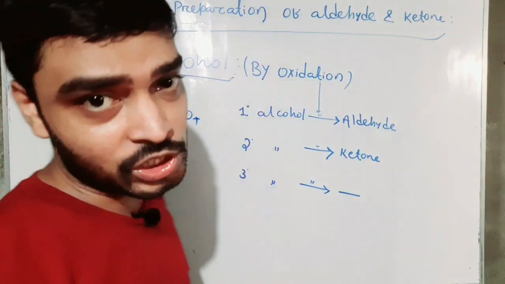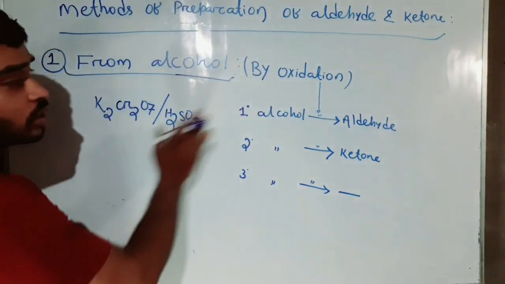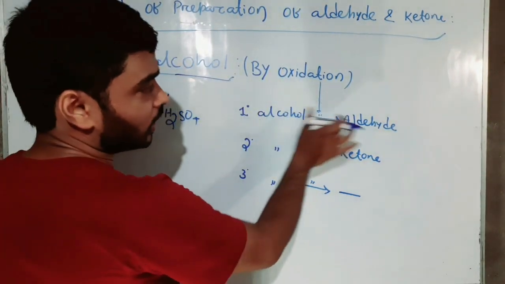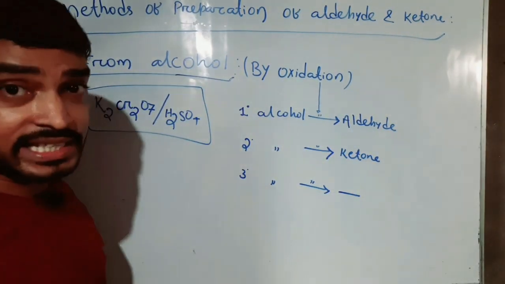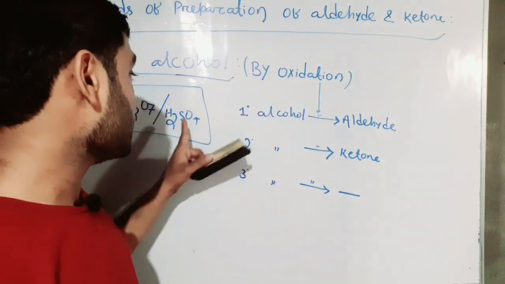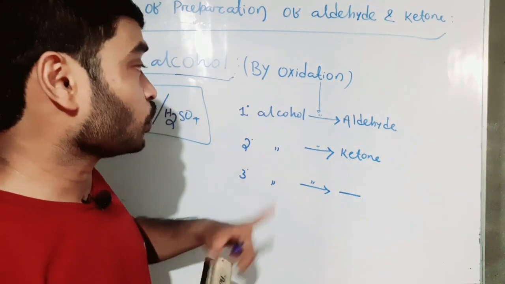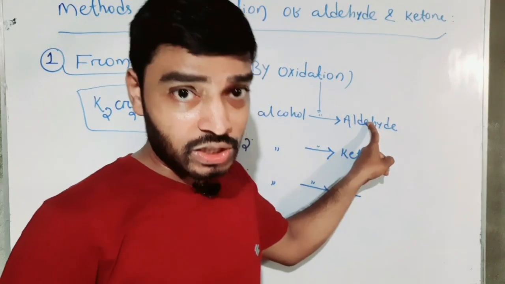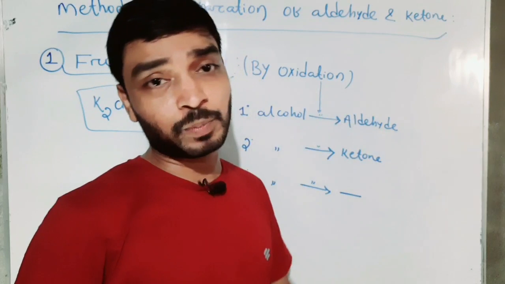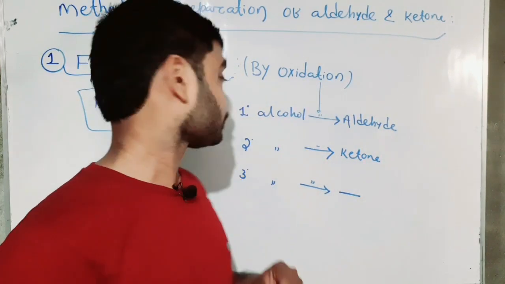These together are considered the oxidizing agent. But this type of oxidizing agent has no tendency to convert primary alcohol to aldehyde. In this case, carboxylic acid is formed due to repeated oxidation.